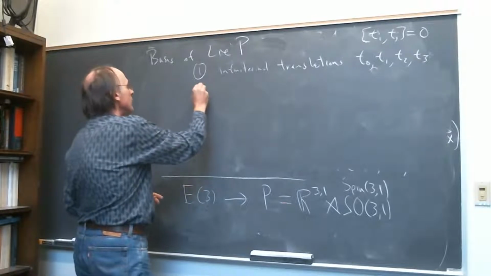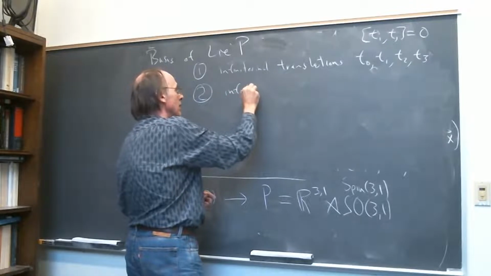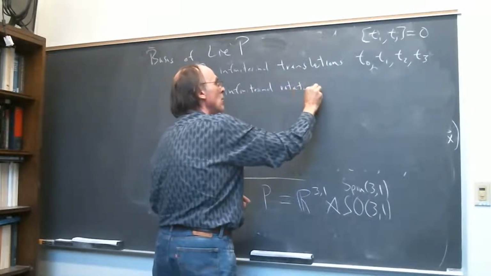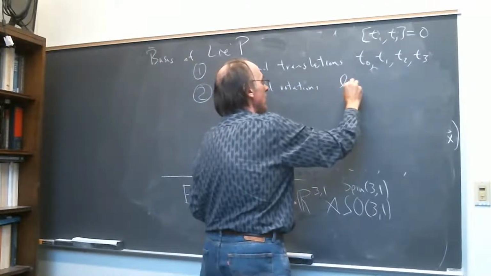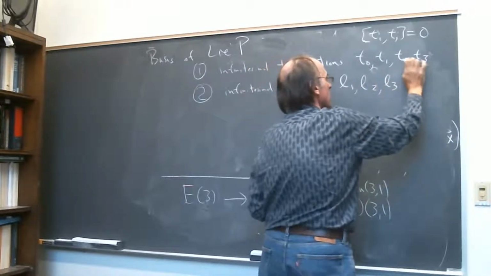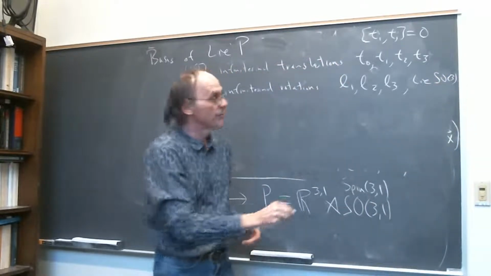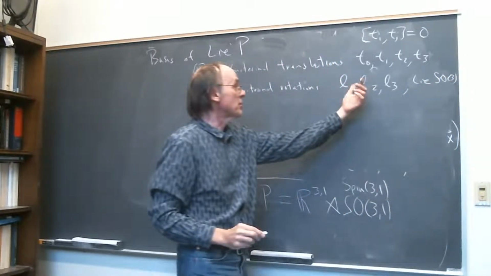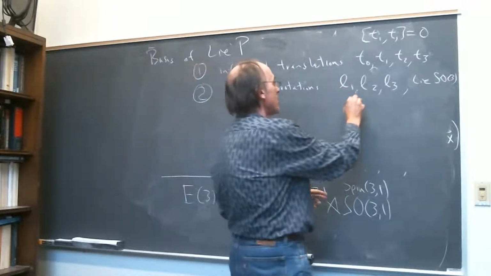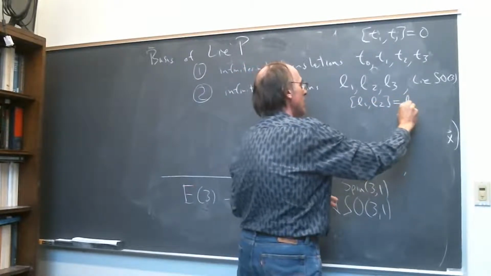But then you're going to have infinitesimal rotations, L1, L2, L3. This is a basis of the Lie algebra of SO3. These have the standard commutation relations with themselves.